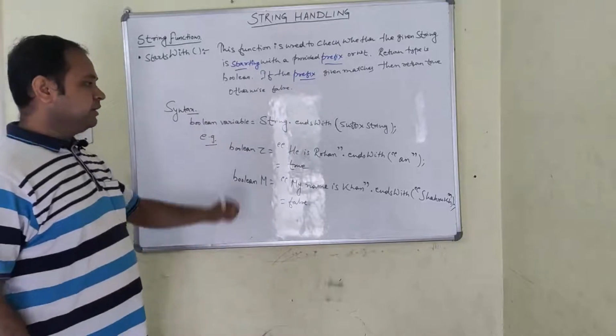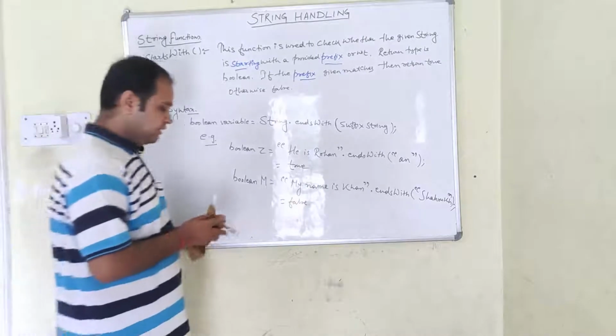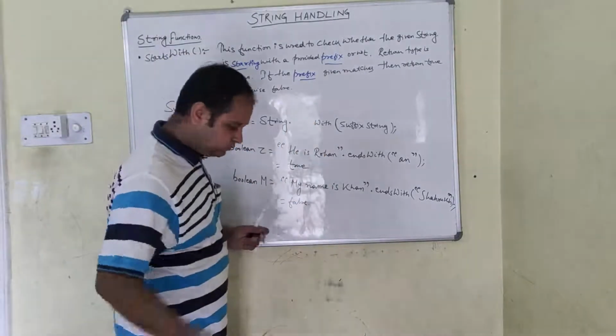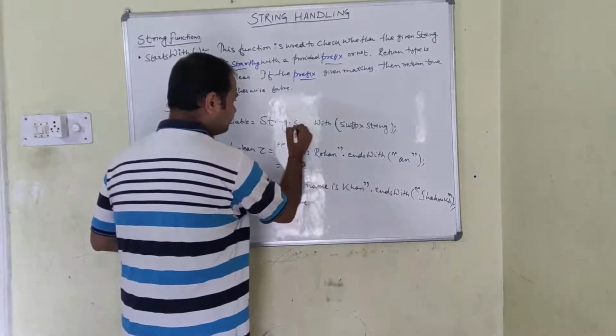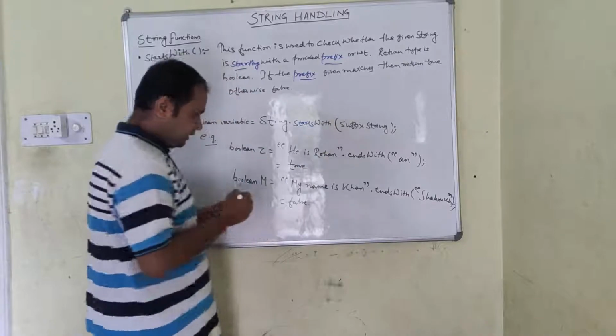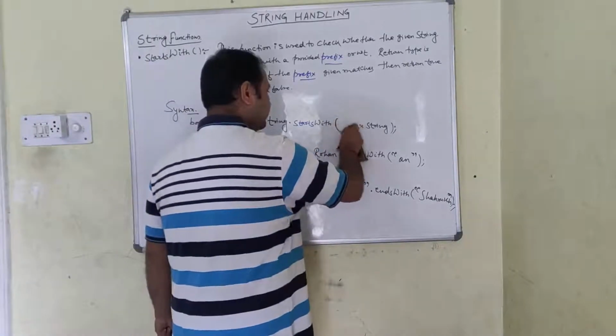Now the syntax will be boolean variable equals to string dot, in place of endsWith I will write startsWith, and in the bracket, in place of the suffix string, we will write the prefix string.